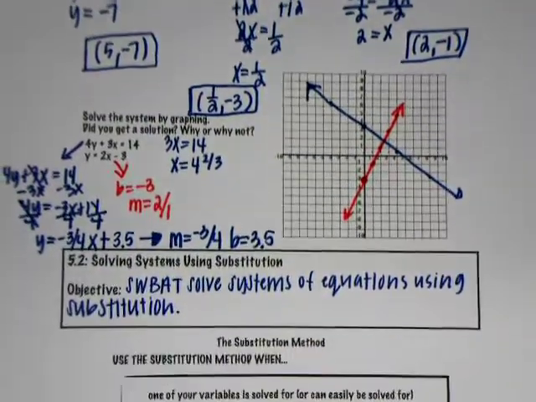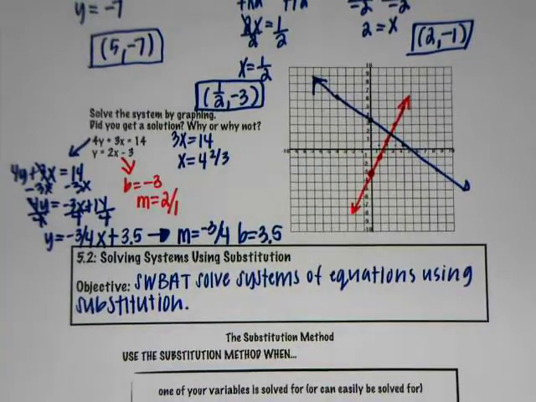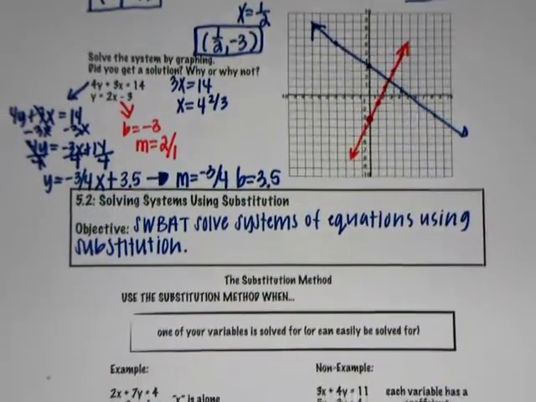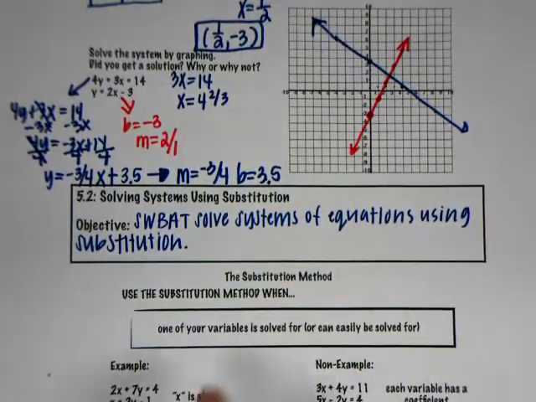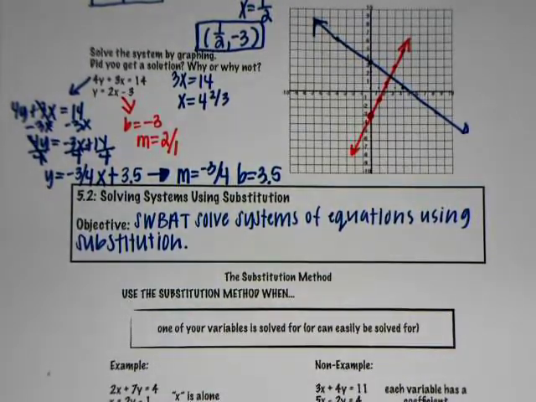So your objective is students will be able to solve systems of equations using substitution. So this method you basically use when one of your variables is solved for or it can easily be solved for. I pretty much only ever do it if one of my variables is solved for. So if I have x equals or y equals already done, okay?